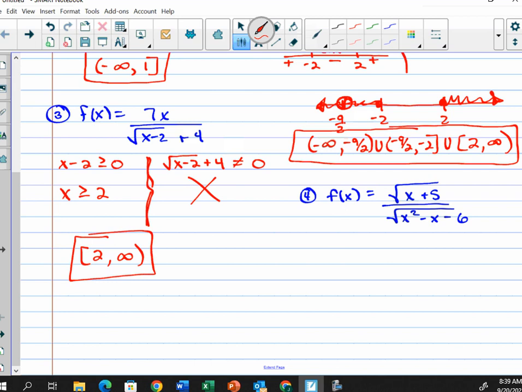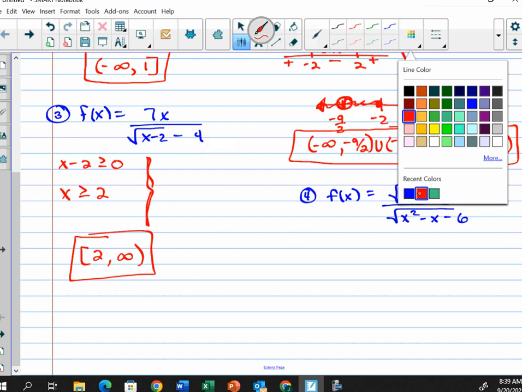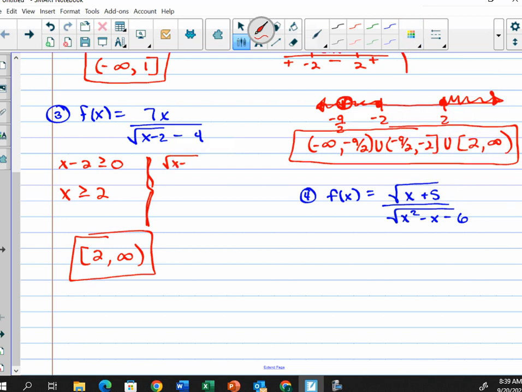Now, if I had written that as square root of x minus 2 minus 4, then you'd have things you'd have to worry about. You'd have to figure out what x cannot equal. Yeah, let's do minus, just to show you. So you'd add your 4. And then how do I get rid of a square root?